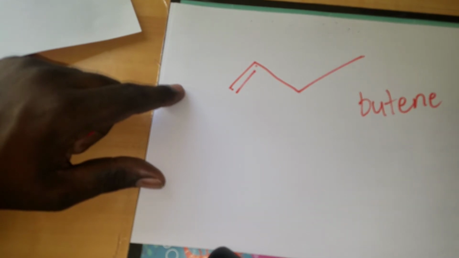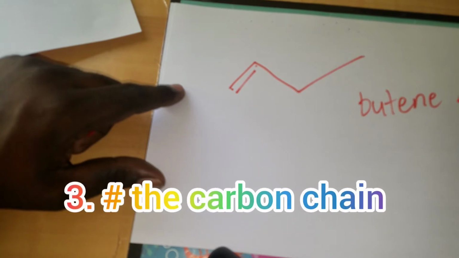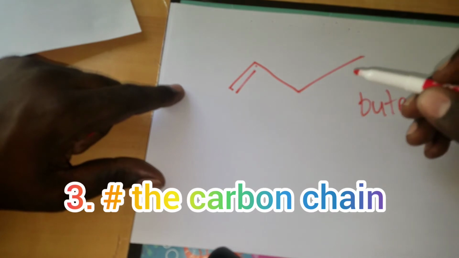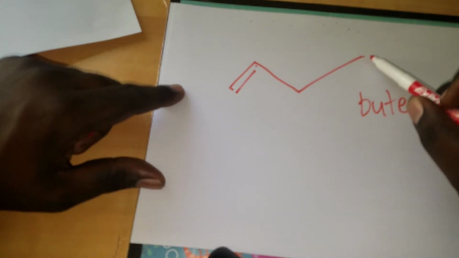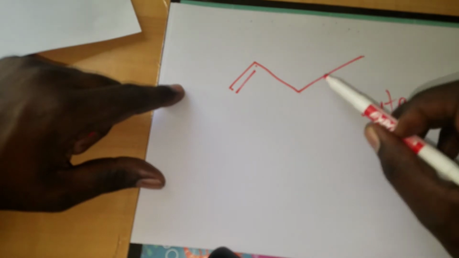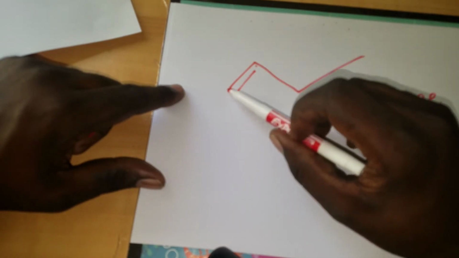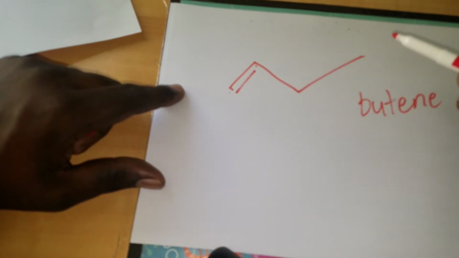The next thing is to give the position of the double bond a number. We need to tell where the double bond is. And the position of the double bond will have the lowest possible number. So what we're going to do now is number our carbon chain. Now, if I number my carbon chain from right to left, 1, 2, 3, 4, the double bond is between carbon number 3 and carbon number 4.